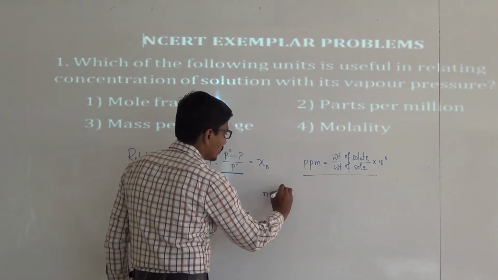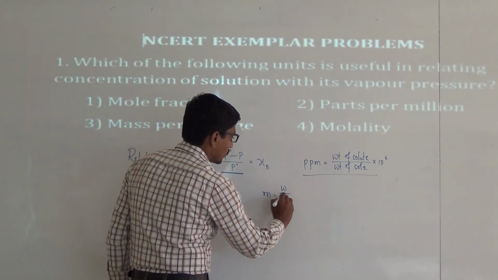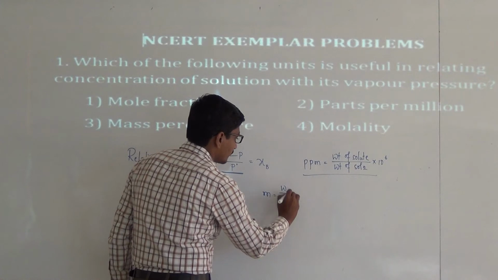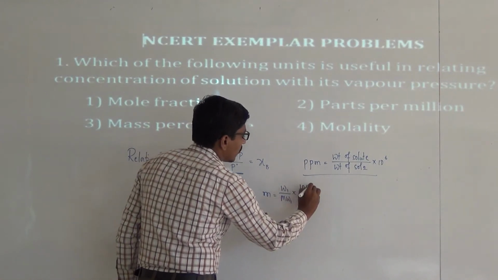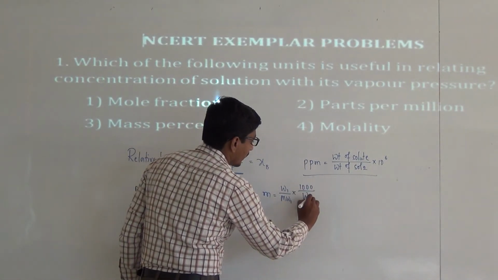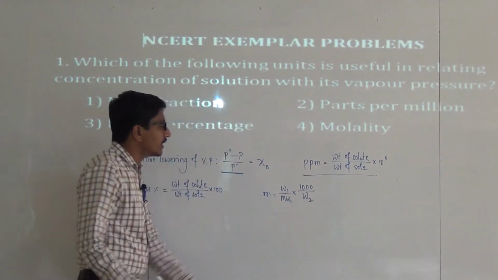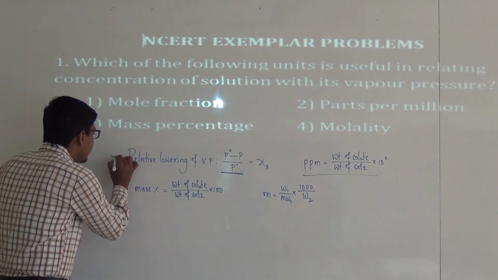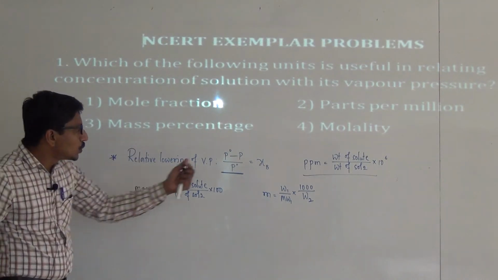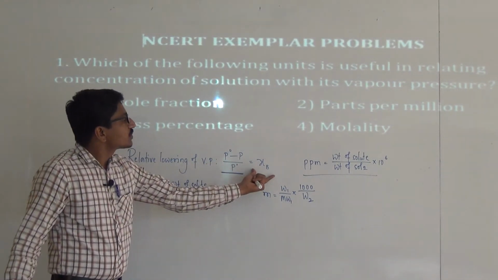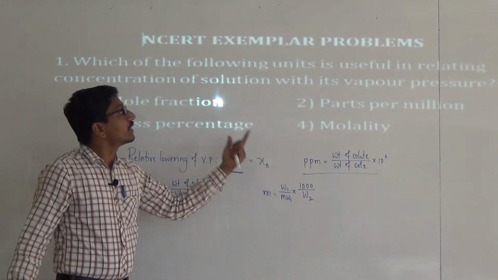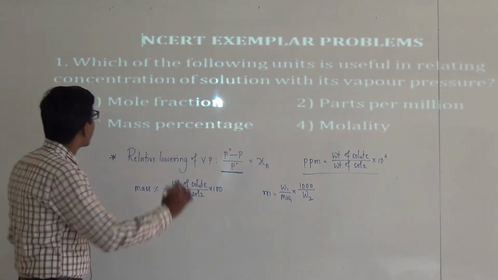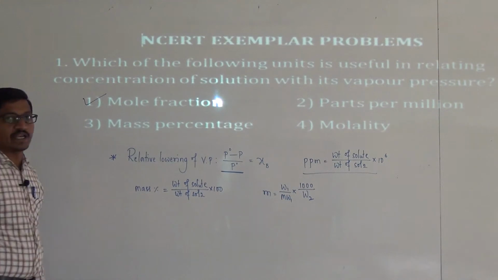M is equal to weight of solute by molecular weight of solute into 1000, divided by weight of solvent in grams. Among all these four relations, only the concentration of solution in terms of mole fraction is related to vapor pressure. That is, the first option is the right one.